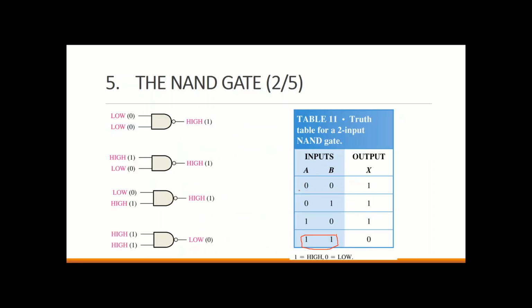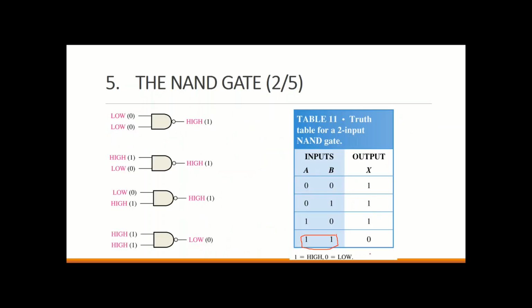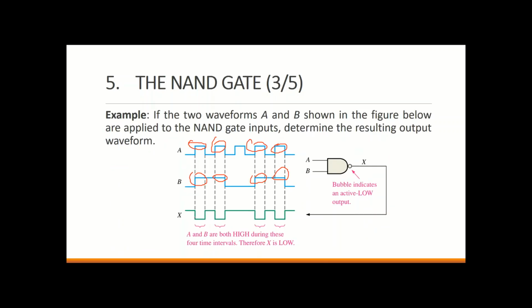You don't look for all these states, you look for when they are all high, the opposite of NOR. Look at when they are all high, set up your timing diagram, this part, okay, both high, this part, here no, here no, here no, so this part, and finally this part. When they are all high, the output is 0, so you list down 0, otherwise you just connect them with the high state.